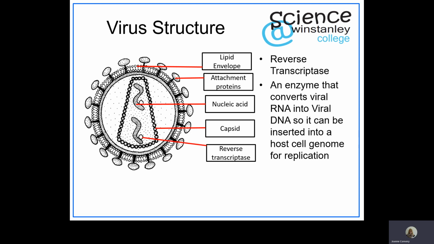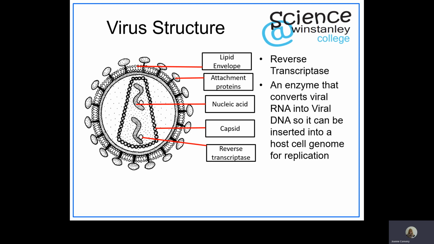In this particular virus diagram, we can see these little round dots, which you sometimes see within the capsid. This is an enzyme, usually reverse transcriptase. Reverse transcriptase will be found in those viruses that are classed as retroviruses, so viruses where their genetic material, their nucleic acid, is RNA. I always think of it as doing the reverse of transcription.